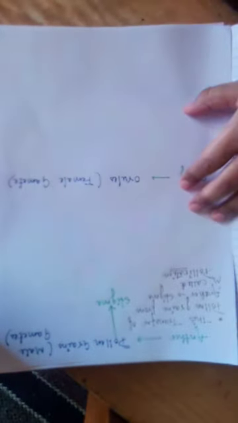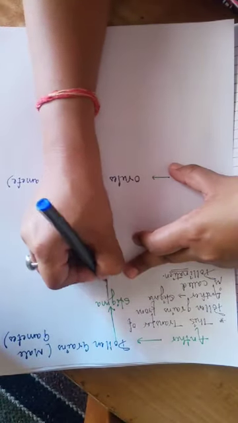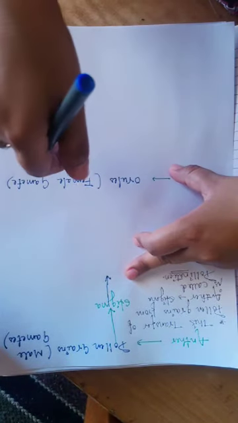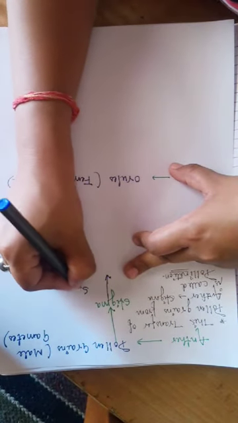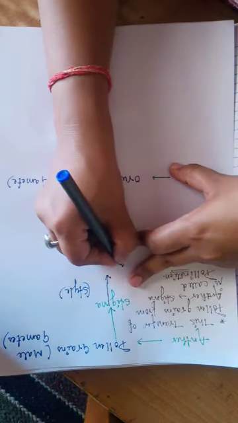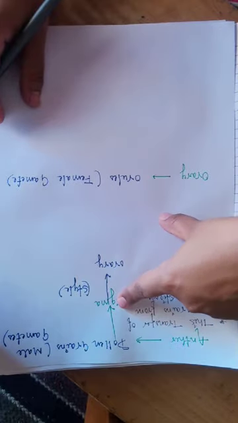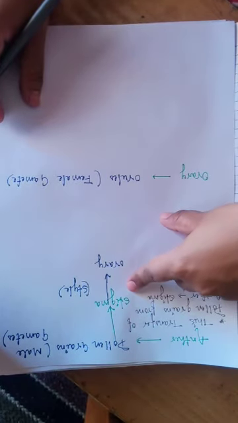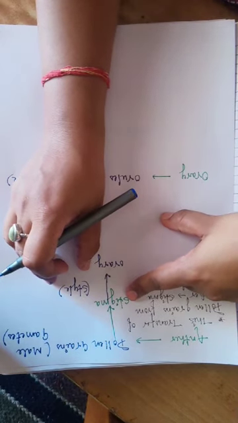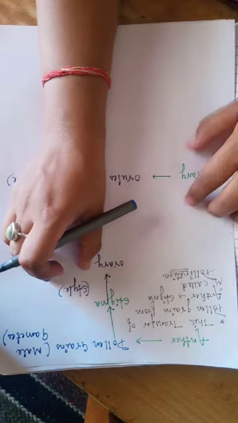Then from the stigma, the pollen grains travel all the way down through the style towards the ovary.